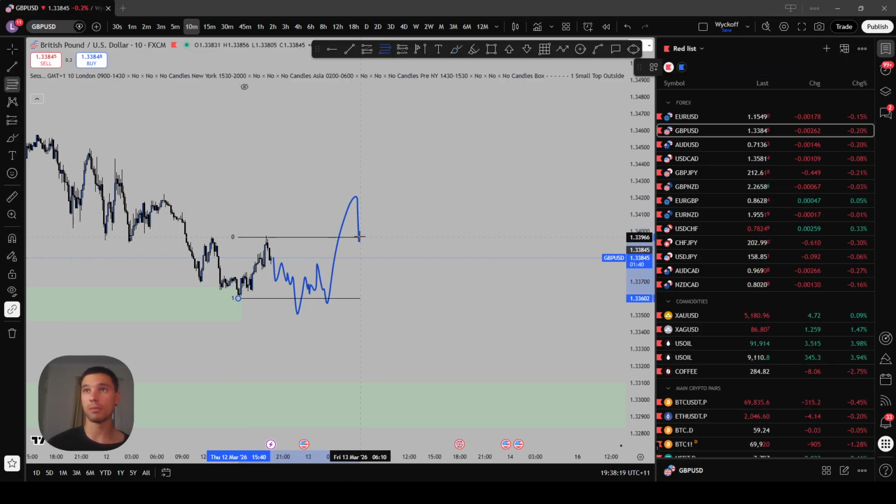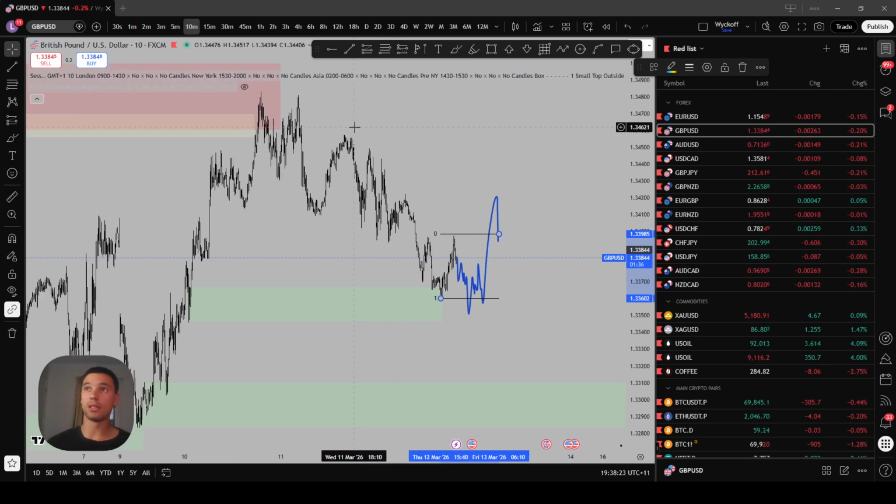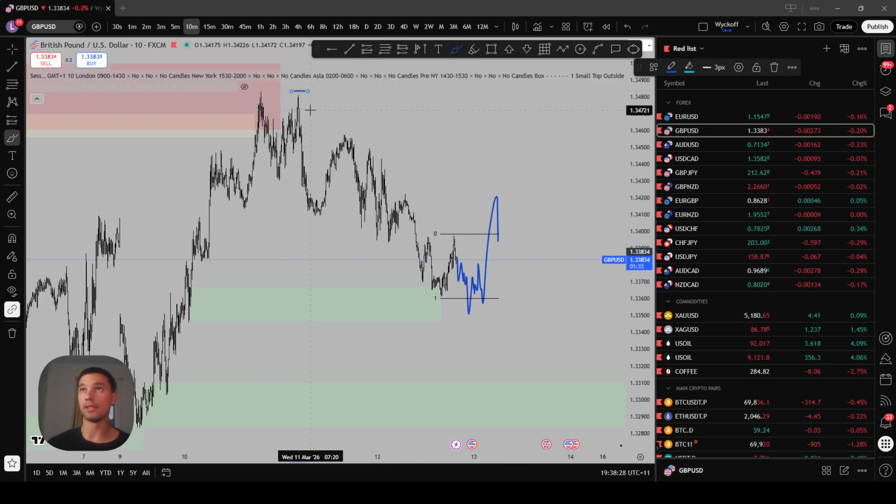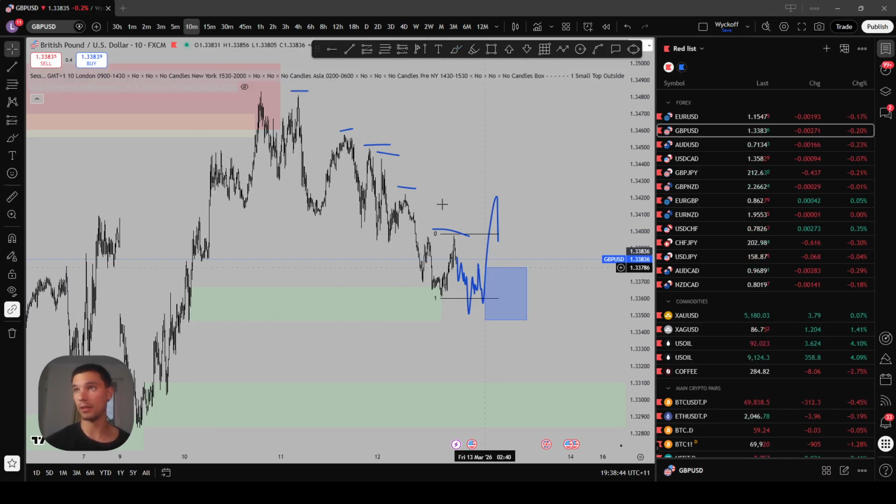And the range becomes something like this, which we can then long around here, back up and take out all these highs. Lower high, lower high, lower high, lower high. So yeah, that's kind of my expectation or my preparation for GBP USD for the time being.